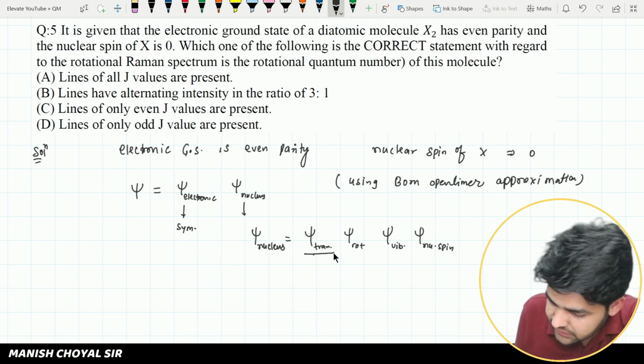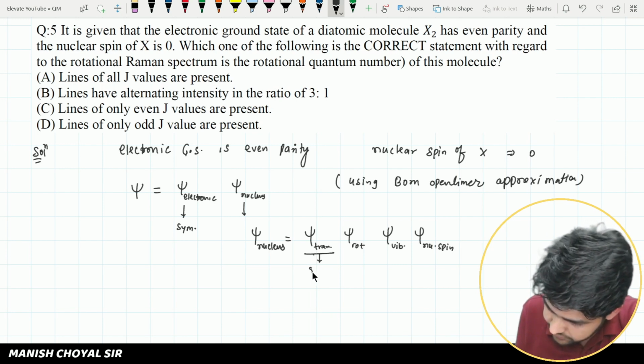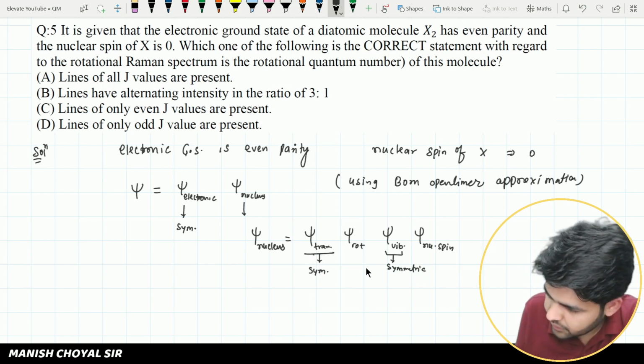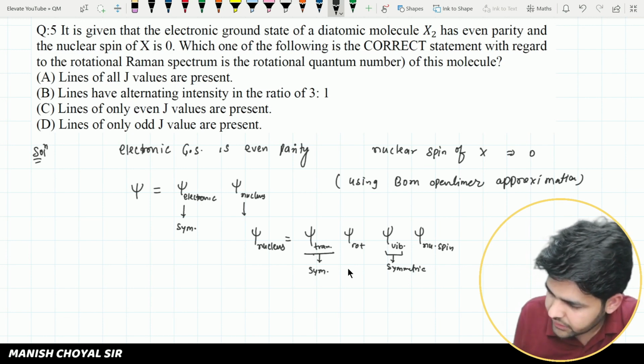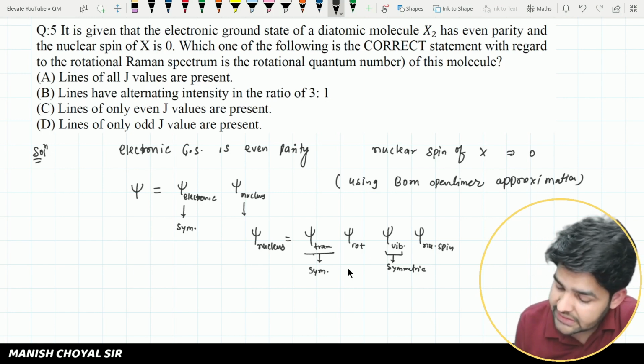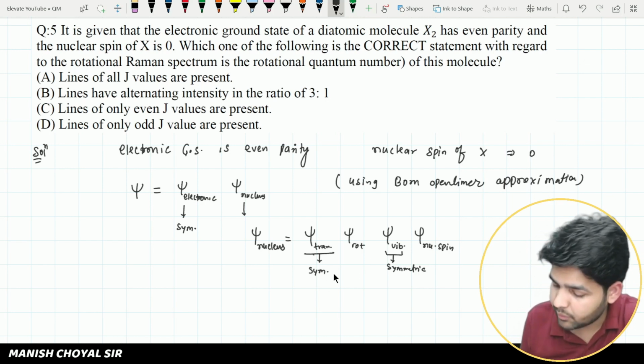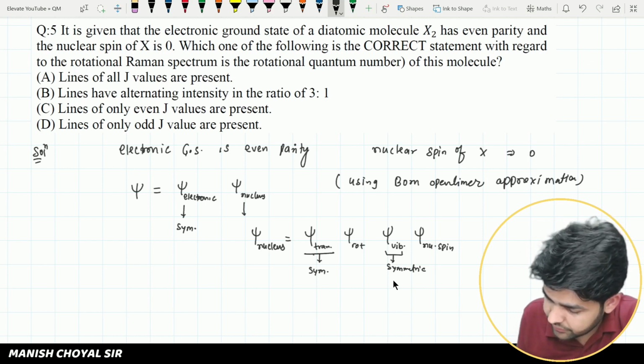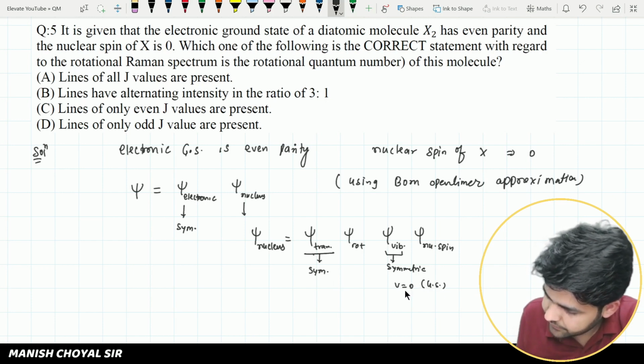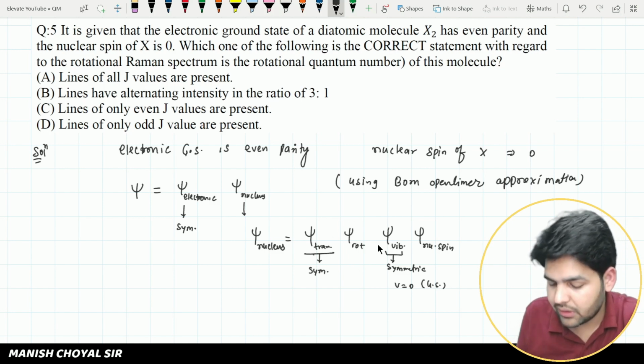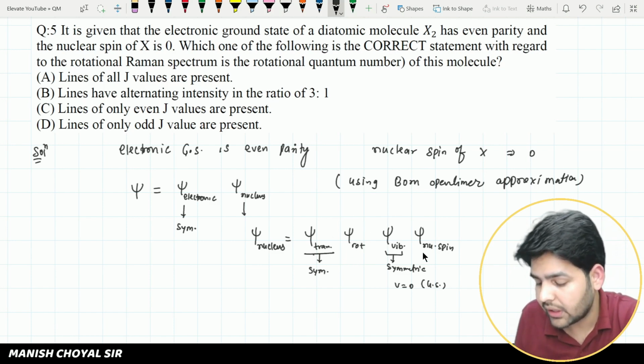Translational is always symmetric, and vibrational is always symmetric, with respect to the interchange of identical particles, or we can say symmetric with respect to reflection at the center of symmetry. On this basis we can say V equals 0 for the ground state. Now the variables that change the wave function are rotational and nuclear spin.